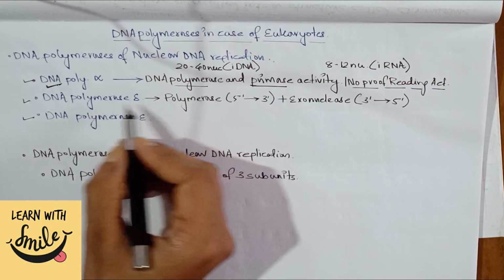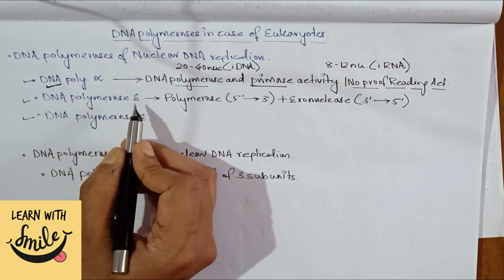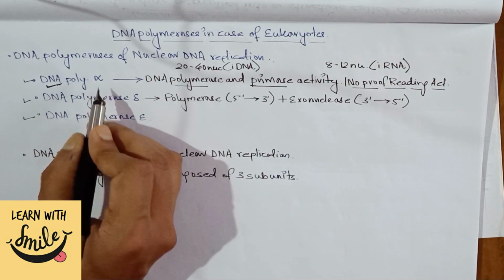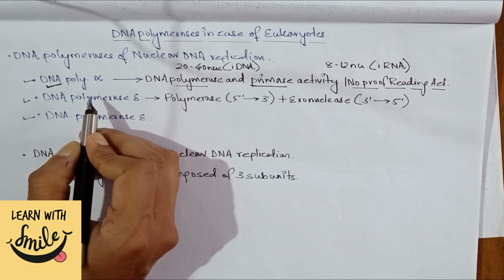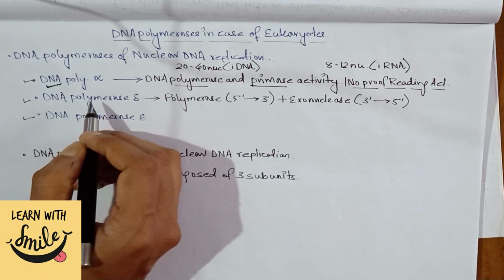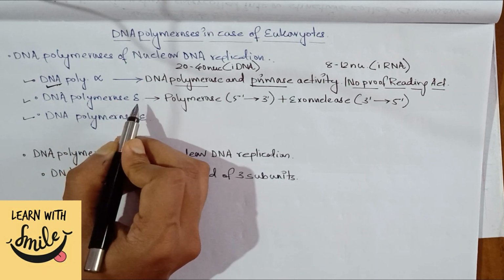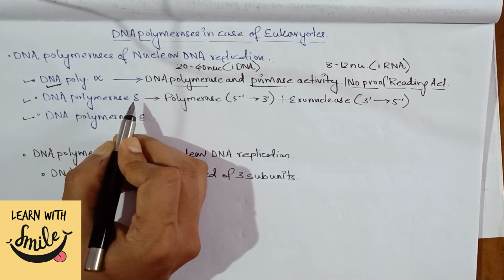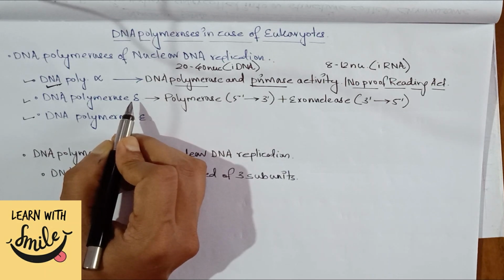Now this process where DNA polymerase delta comes in place of DNA polymerase alpha is known as the polymerase switching activity. As DNA polymerase delta joins in, it can now continue the elongation of the newly synthesized DNA.